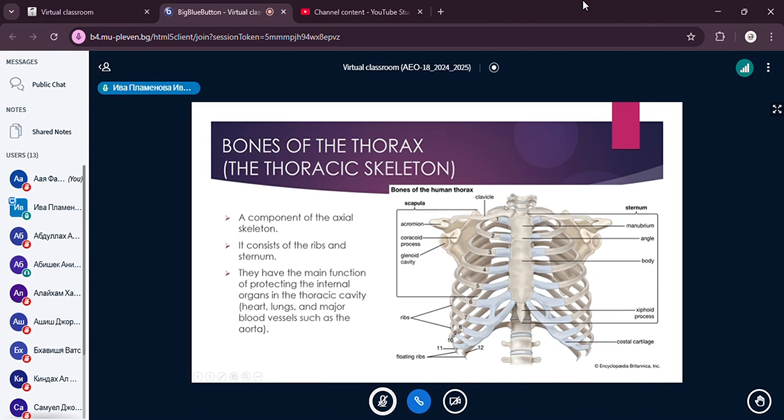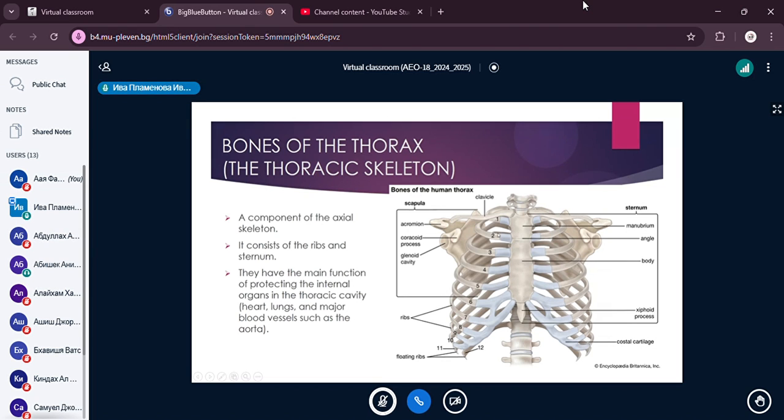So that's the sternum. It has three parts. A handle, or in Latin it is called manubrium. The body, corpus sterni. Between them, we have an angle, angulus sterni, which is at the level of the second rib.